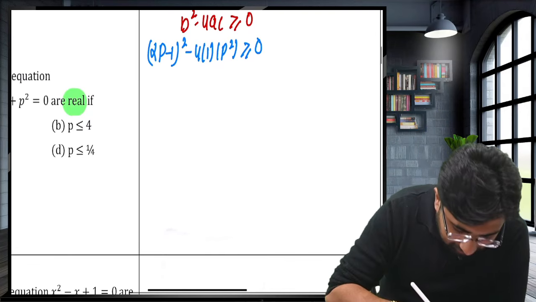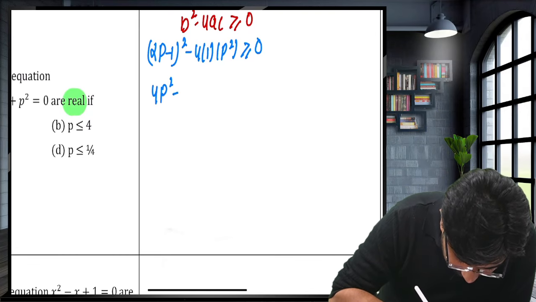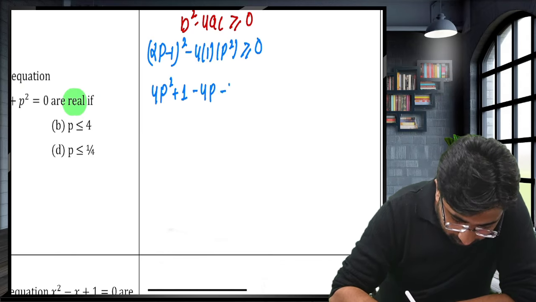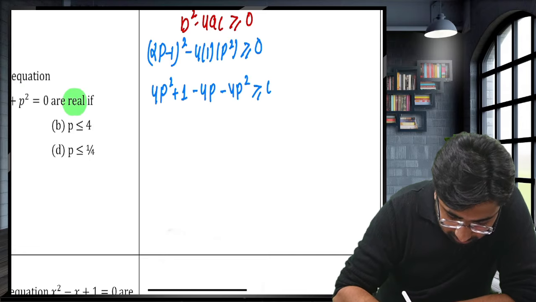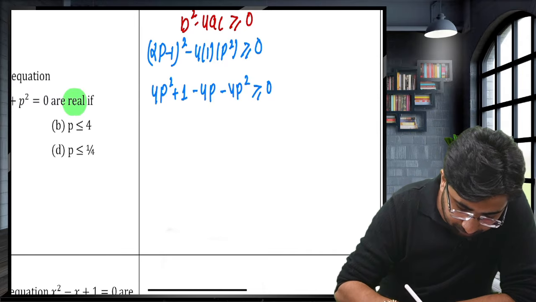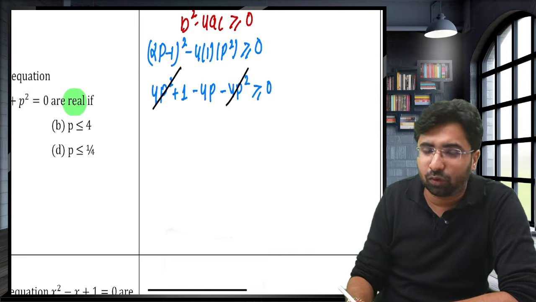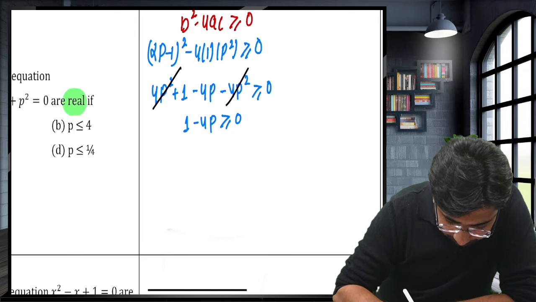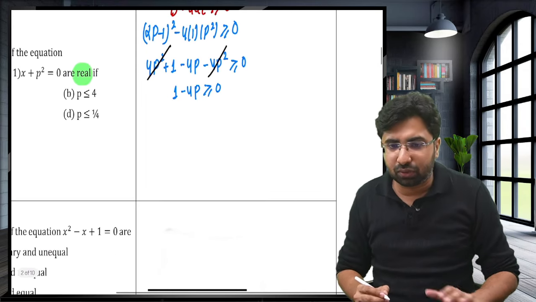Let's open the bracket. a square plus b square minus 2ab minus 4p square greater than or equal to 0. Plus 4p square and minus 4p square cancel, so 1 minus 4p greater than or equal to 0.